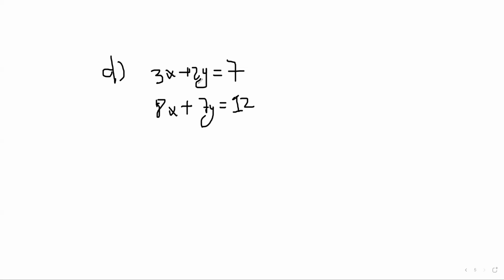But how to solve it? I would suggest multiplying the sides by different numbers. For example, let's multiply both sides of the first equation by negative 7. That gives minus 21x minus 14y equals minus 49.